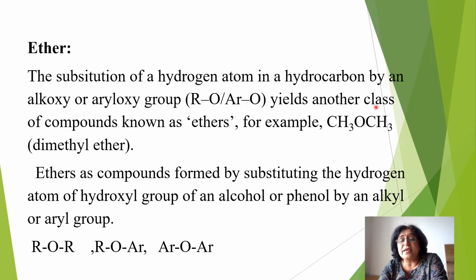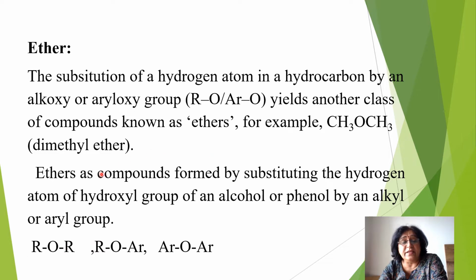For example, in C2H6, if you replace H by OCH3, it becomes C2H5OCH3. Or if you have methane and replace H by an OCH3 alkoxy group, it becomes dimethyl ether.